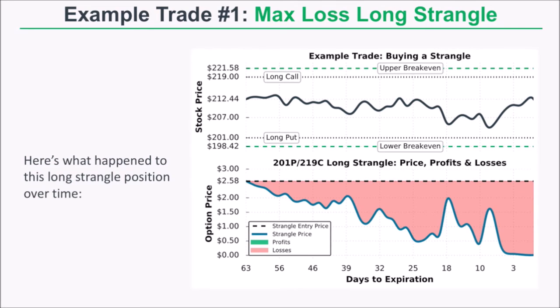So if you bought it for $2.58, once the strangle hit $1 and you wanted to cut your losses, you could simply sell the strangle for $1 and you would lock in a loss of $158 as opposed to the maximum loss of $258. Now, of course, when you lock in the loss, you're out of the trade and you remove the potential to profit from it in the future if it does end up in the money.